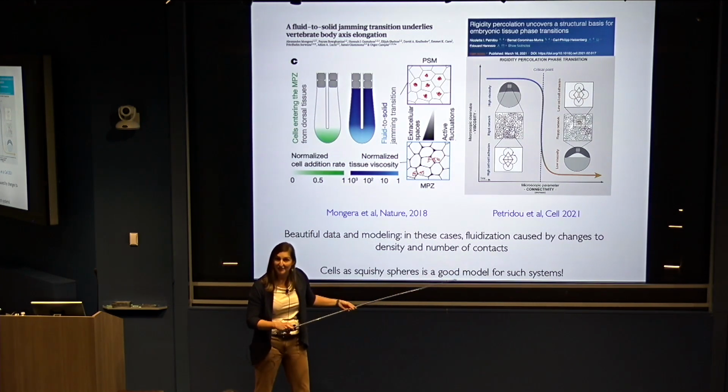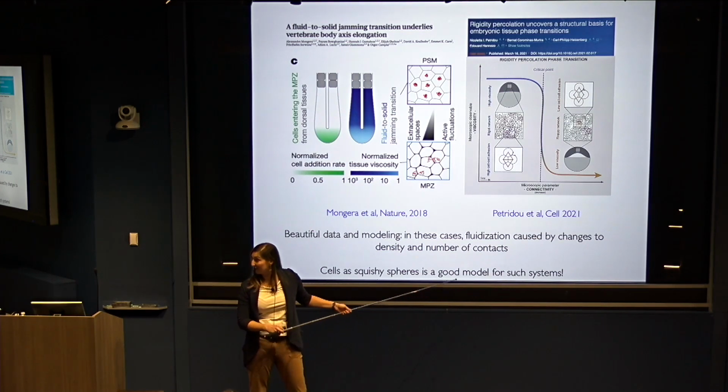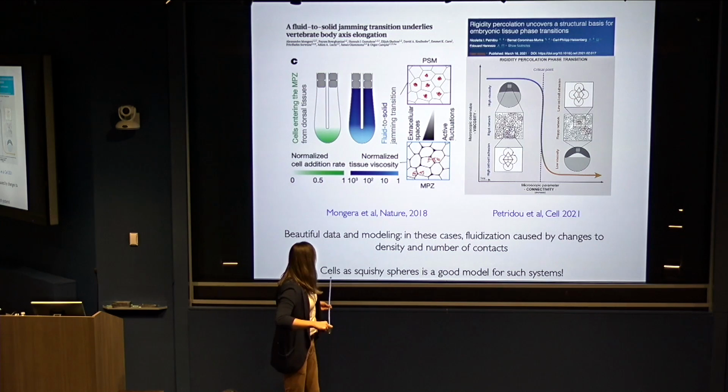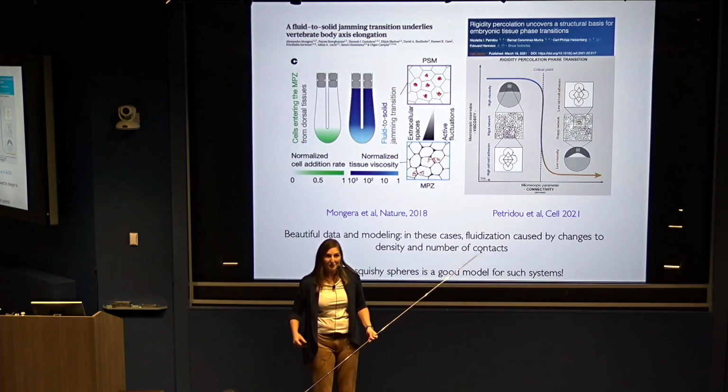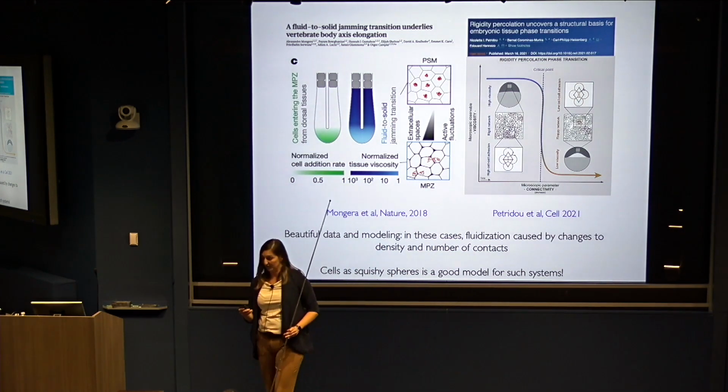It's exactly this physics that's governing the behavior of these cells in development. That's so cool. Okay, so in these types of systems, thinking of cells as kind of squishy spheres is a really good approximation, and it works really well to explain the onset of rigidity.